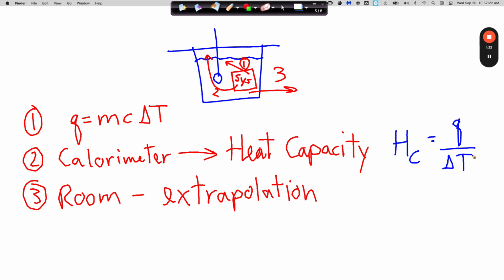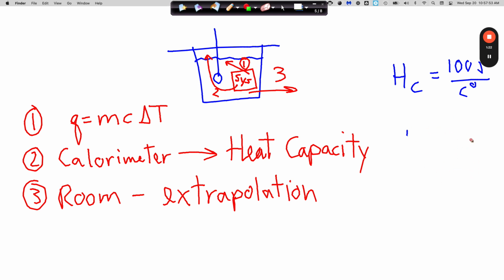First of all, we've got to talk about calibrating our calorimetry. That's different. But imagine this. Once we've done the calibration, let's just say 100 joules per Celsius. Now we know the heat capacity of the calorimeter. So what we can then say in calculation number 2 is this.